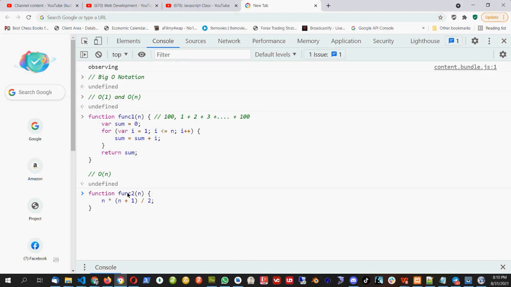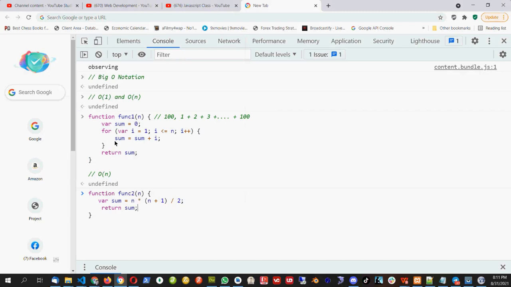So this formula will take n and put it into this formula, and it will give the sum. So here we don't have the for loop, and whatever n we are passing, it will do some mathematical calculation on that and return it. So let me return this one. I can also assign this to sum, and I could have written it like this.